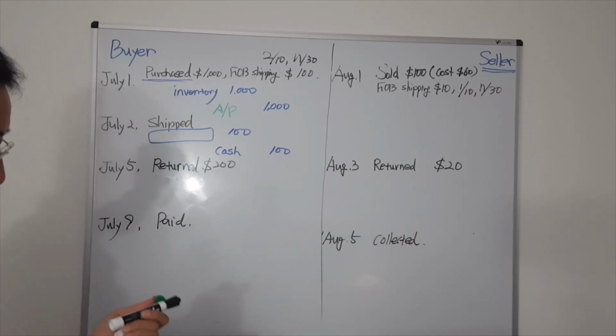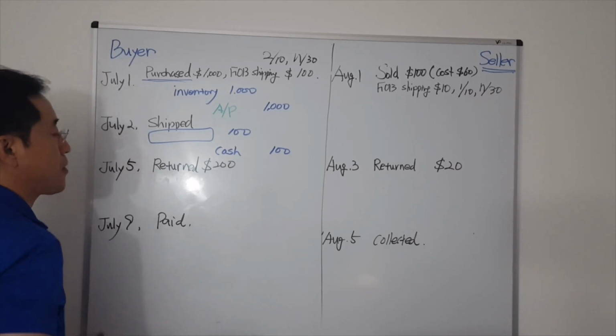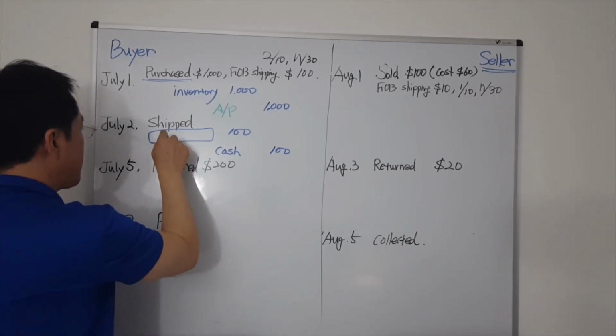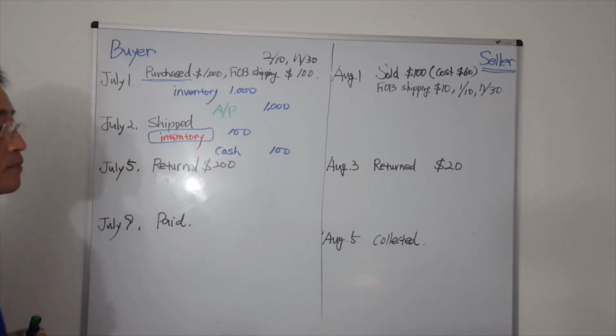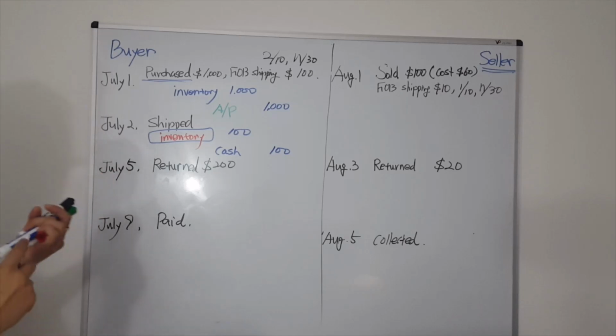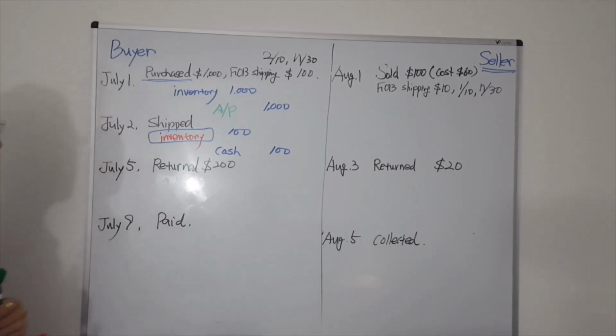That's freight? No, that's inventory. I'm going to explain further later. July 5th, that's how we record, using the perpetual inventory system as a buyer.